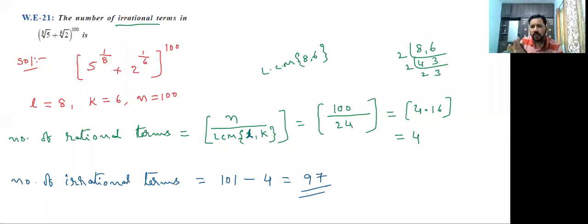Now here there is no need to take plus 1 because both are not factors of 100. Students, did you understand? First find the number of rational terms, 4. The number of irrational terms means the total number of terms minus the number of rational terms. So we get the answer: the number of irrational terms is 97.